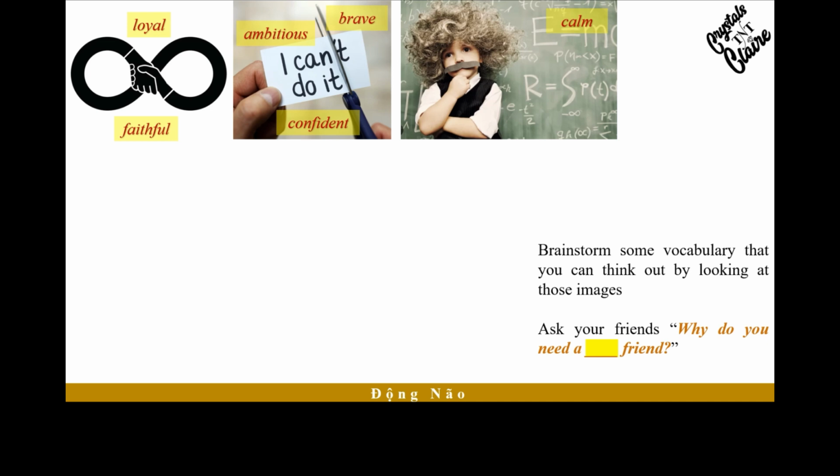Okay, why do you need a calm friend? We need a calm friend because sometimes we lose our temper and we need somebody to remind us about our emotional changes so that we can adjust our actions. Clever. Okay, Einstein is a very clever person.